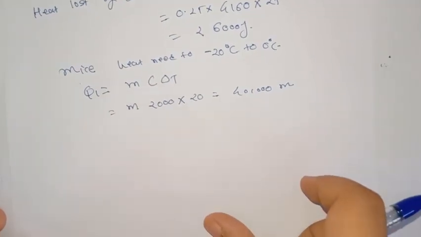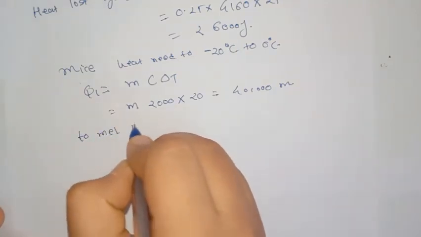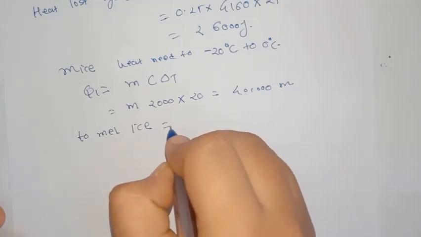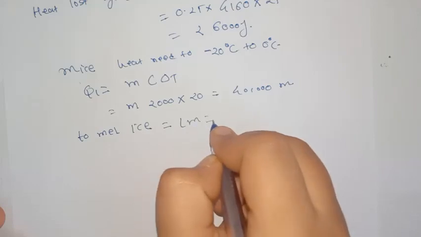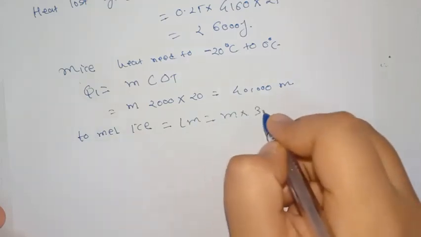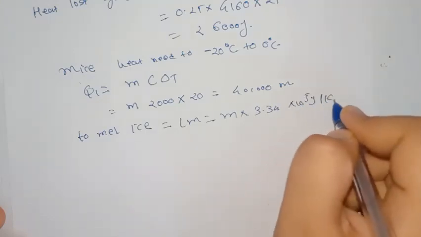Now the heat needed to melt the ice will be equal to L into M, that is M into 3.34 into 10 power 5 joule per kg.